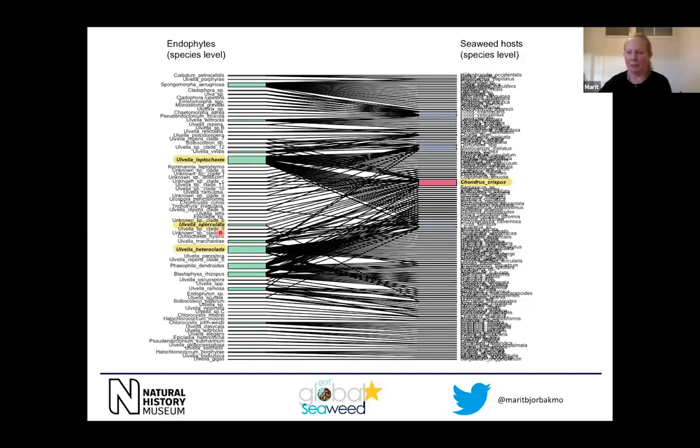And others seem to have more of a specialist interaction with fewer different hosts, such as Ulvella operculata. Another aspect that we have to consider is that certain endophytes and certain seaweed host species have been the subject of more studies, and hence this bias could potentially be one of the reasons that the diversity of endophytes associated with, for instance, Chondrus crispus is a lot higher than several other hosts.